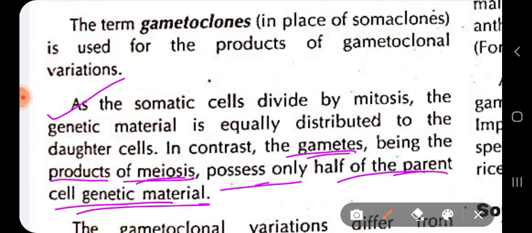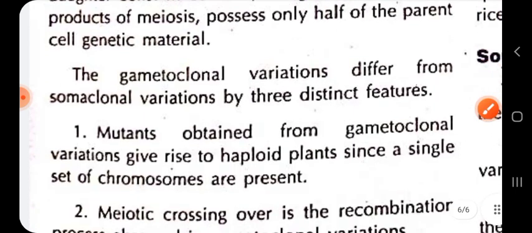So a little bit of variation you can see. Gamete cells are derivatives of meiosis products, so they only possess half of the parent cell genetic material. Gametoclonal variation differs from somaclonal variation by three distinct features.